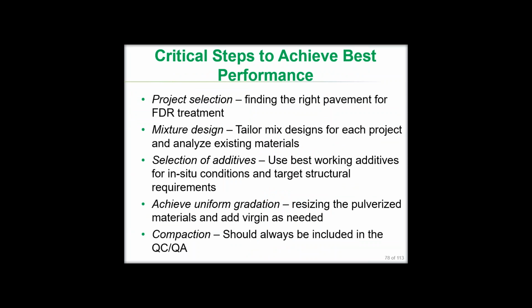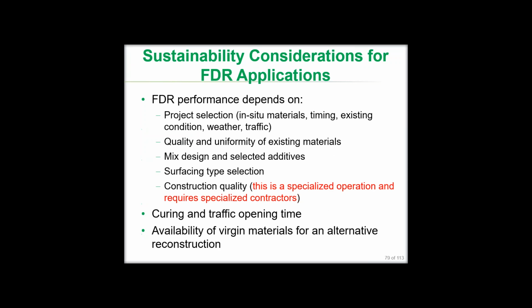Selection of additives: use the best working additives for in-situ conditions and target structural requirements. And achieving uniform gradation is another critical step, resizing the pulverized materials and adding virgin materials as needed to achieve a uniform or target gradation. And finally, compaction is extremely critical, and it should always be included in the quality control and assurance steps, as it will have a critical impact on the performance of the FDR layers.